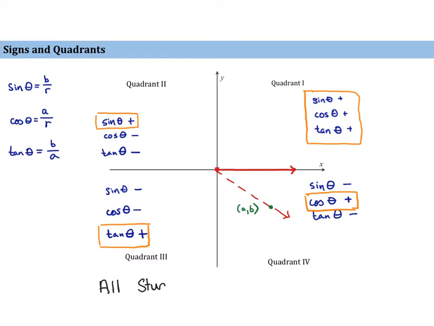students take calculus, where in quadrant 1, all of them are positive. In the second quadrant, sine of theta is positive. In the third quadrant, tangent of theta is positive.